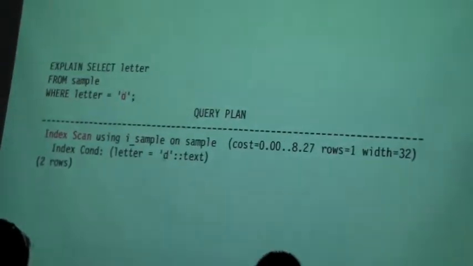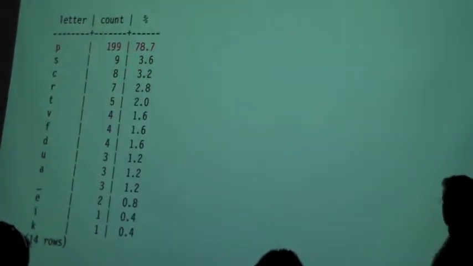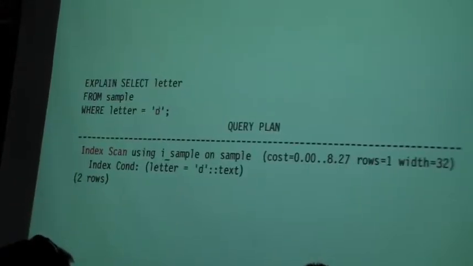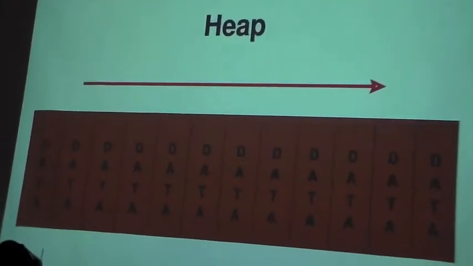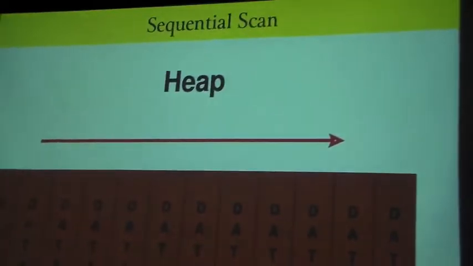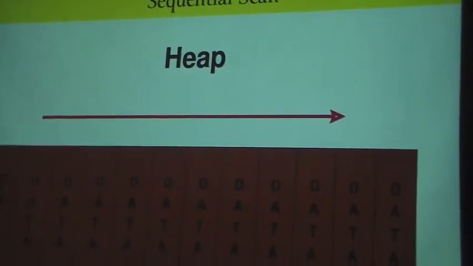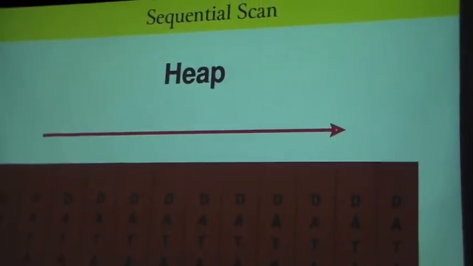Because we showed up here that 78% of our rows were P's. If 78% of your rows are P's, it doesn't make sense to do all sorts of index lookups to eliminate 22% of your rows. So we're just going to read straight through the table. That's the way to go.